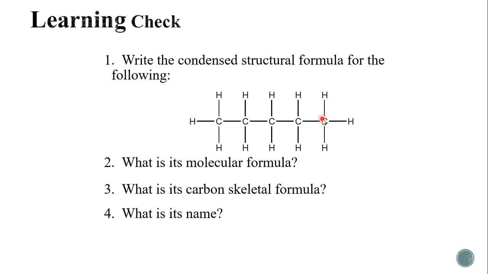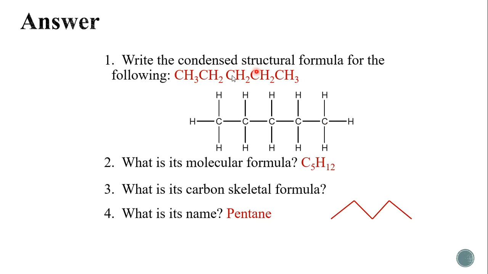All right, so for the condensed formula, what you're going to do is write this carbon and put an H3 behind it. So CH3, CH2, CH2, CH2, CH3. So that's what the condensed formula looks like.